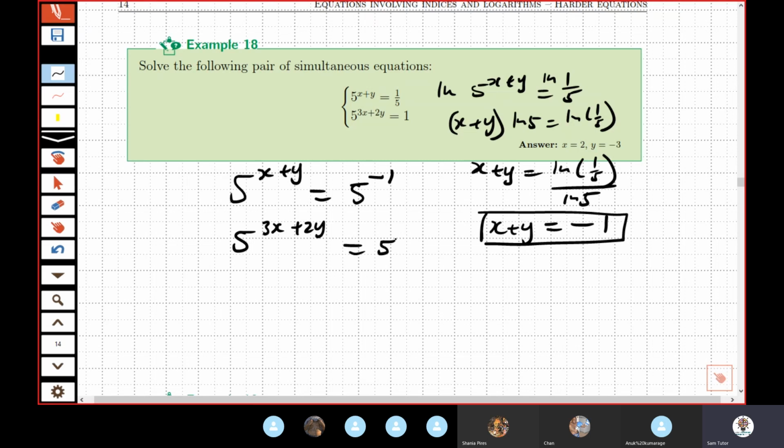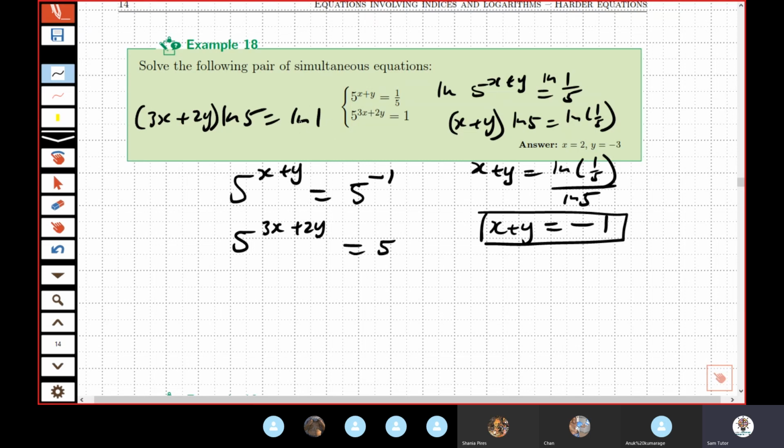Second equation, can anyone see it yet? 5 to the power of what would get me 1? If you can't, you've just got to do the same thing again. Log both sides. So it would look like this: 3x plus 2y times log of 5 is equal to the log of 1.